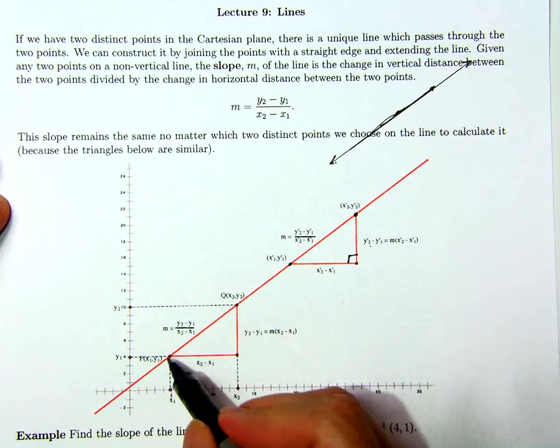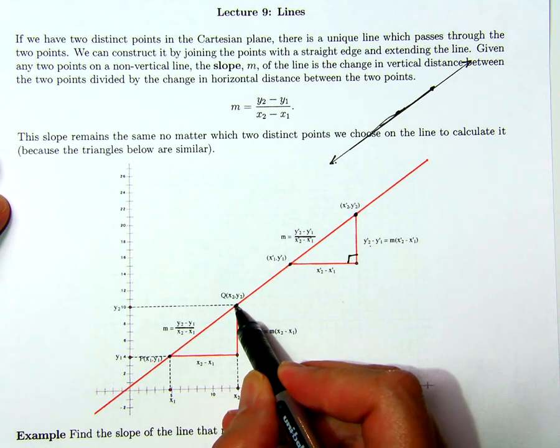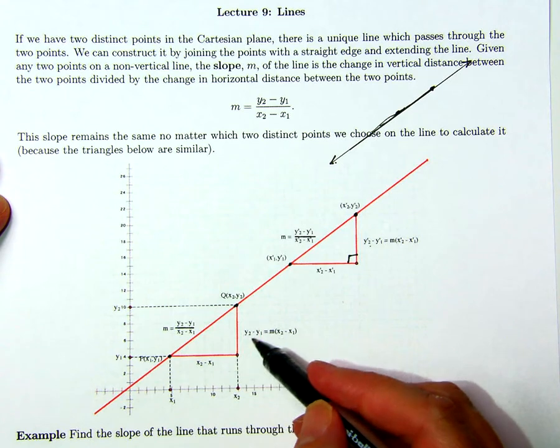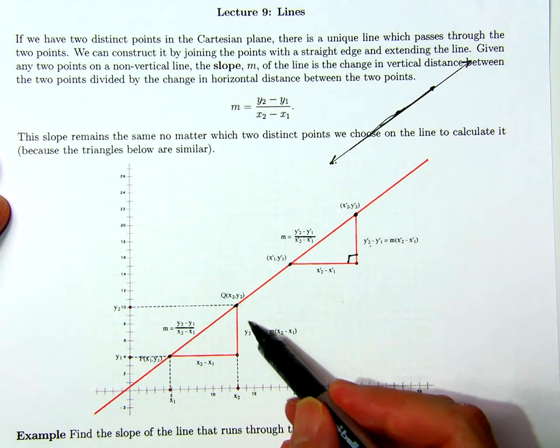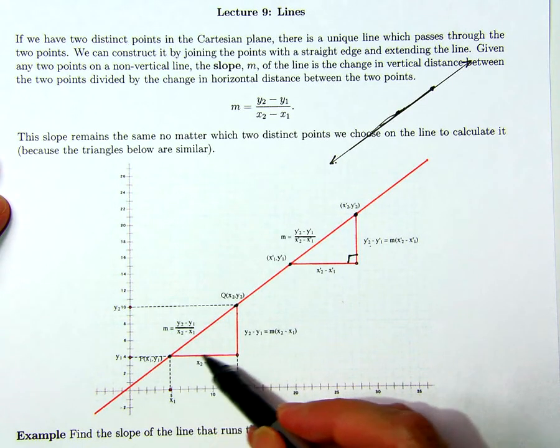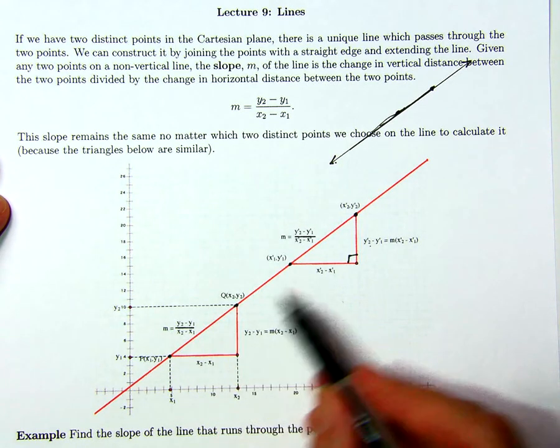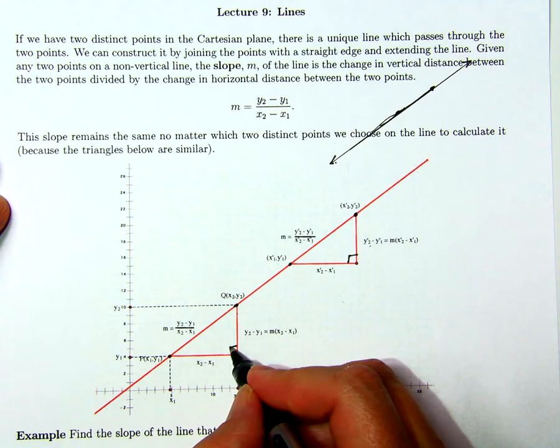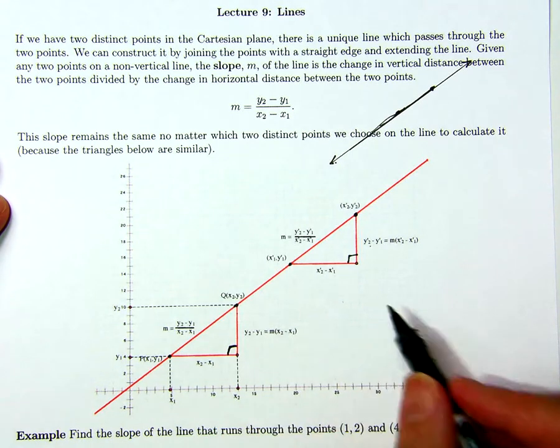If I take any other 2 points and I do the same calculation, I take the length of this edge divided by the length of this edge, then I should get the same answer because these are similar triangles.